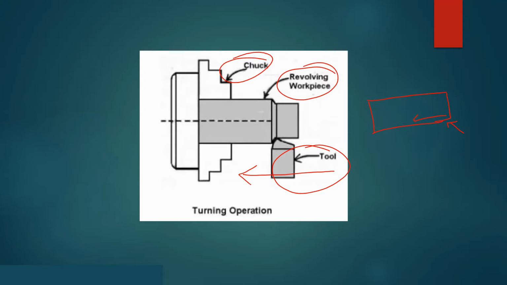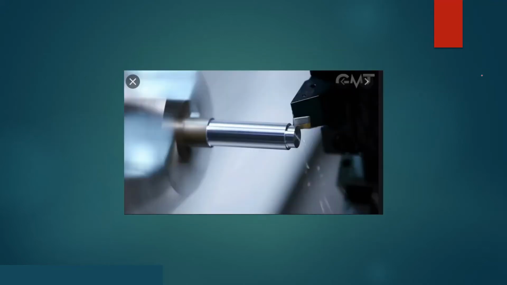When the job is rotating, it may rotate in a clockwise or anti-clockwise direction, and accordingly we can remove some amount of metal and make the required dimensions. So this is the photograph of a turning operation.